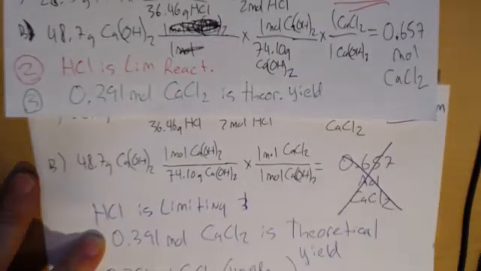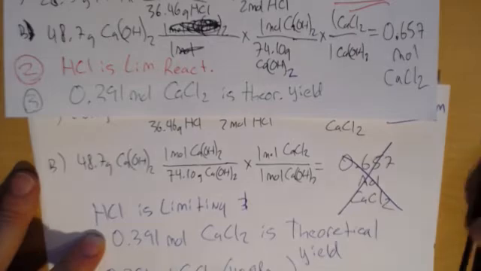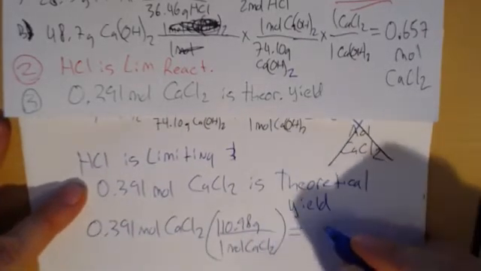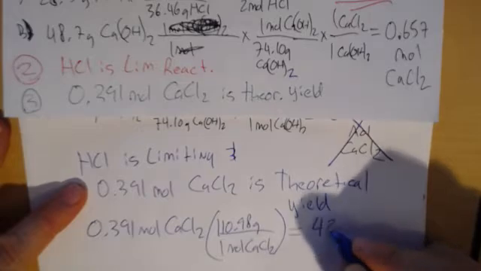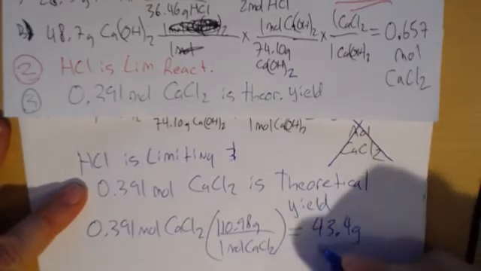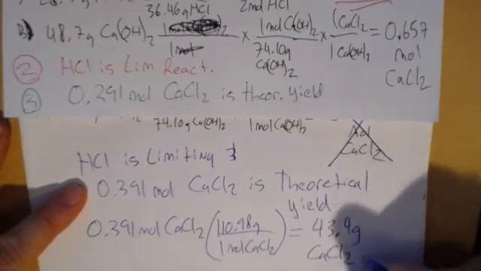So 0.391 times 110.98. So that means I could also find the amount, which would be, 3 sig figs, 43.4 grams of calcium chloride max.